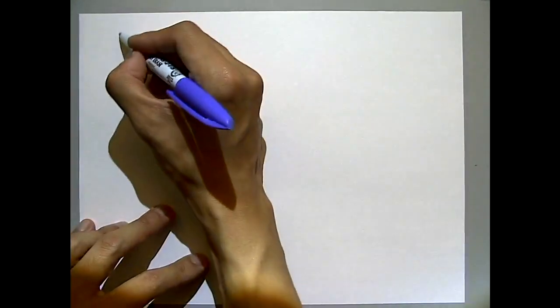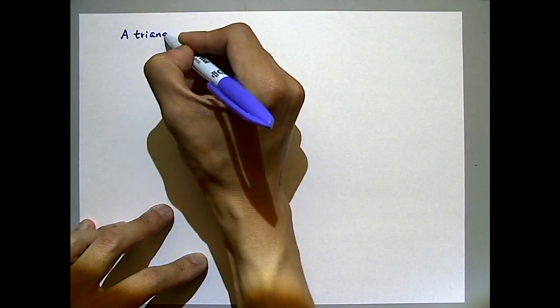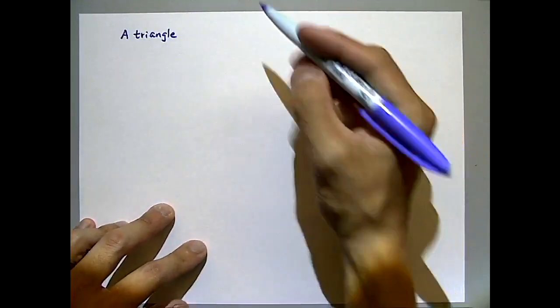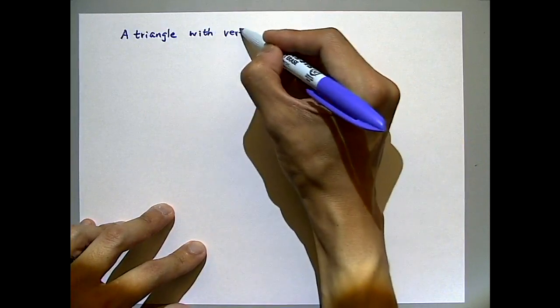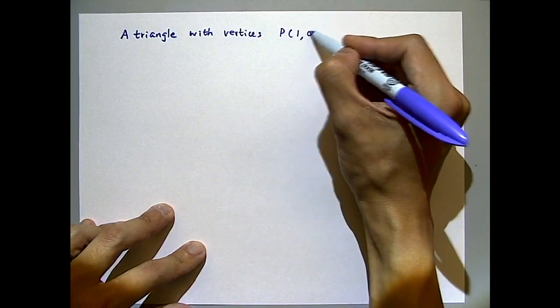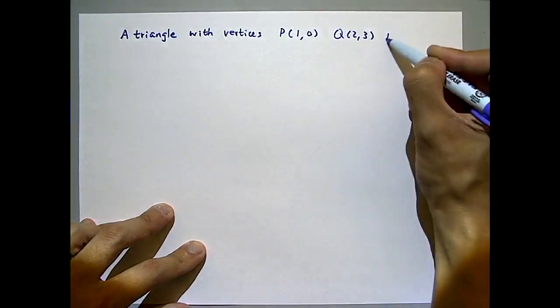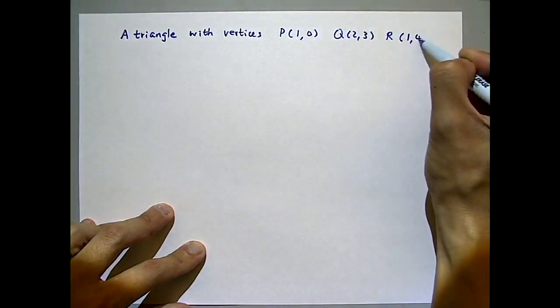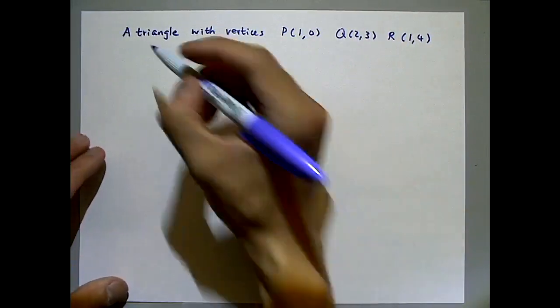Okay, so here's an example using that. We have a triangle with vertices at these 3 points. P is (1, 0), Q is (2, 3), and R is (1, 4).